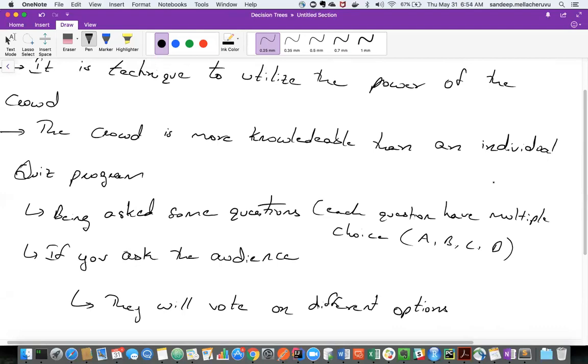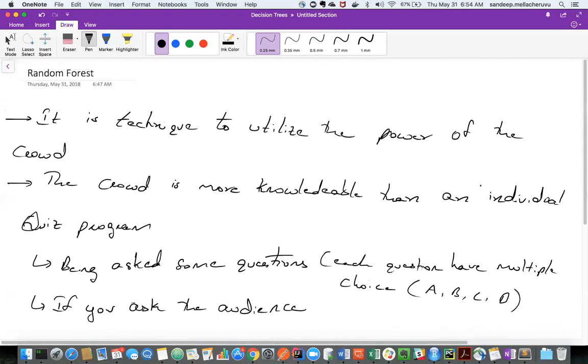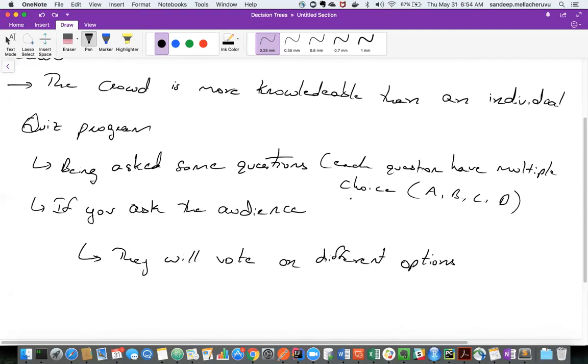Yes, Sandeep. Yes. Okay. Now we need to understand why this is going to happen. Why is it that the crowd is always more knowledgeable than an individual? How can it happen that even with a crowd or an audience who are not so knowledgeable individually, they can be collectively knowledgeable? How is this possible? That is another question we need to answer, right?